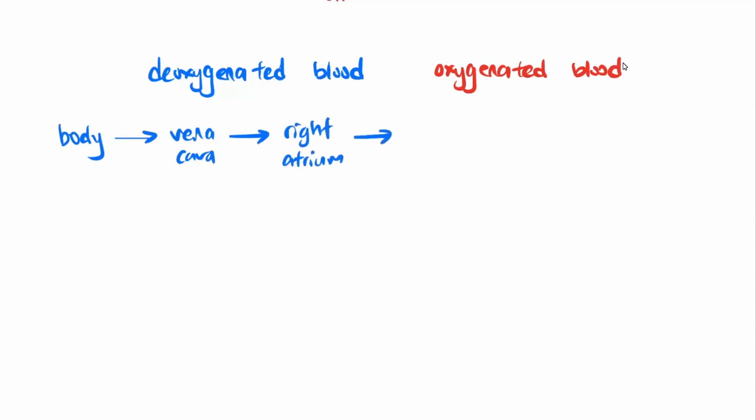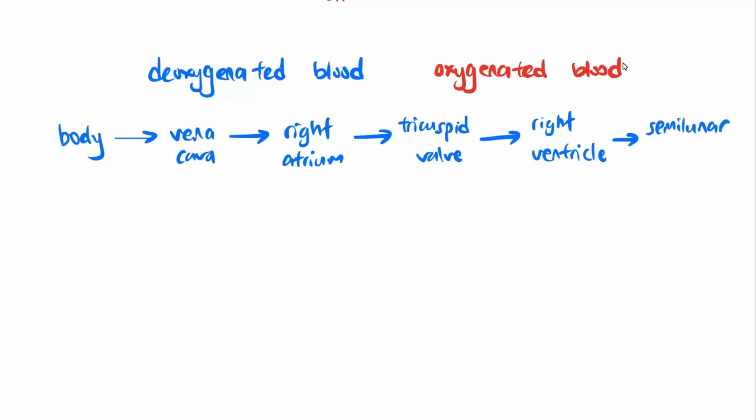After entering the right atrium, it will pass through the tricuspid valve and then enter the right ventricle. After entering the right ventricle, it will be pumped to pass through the semilunar valve, then being delivered through the pulmonary artery.